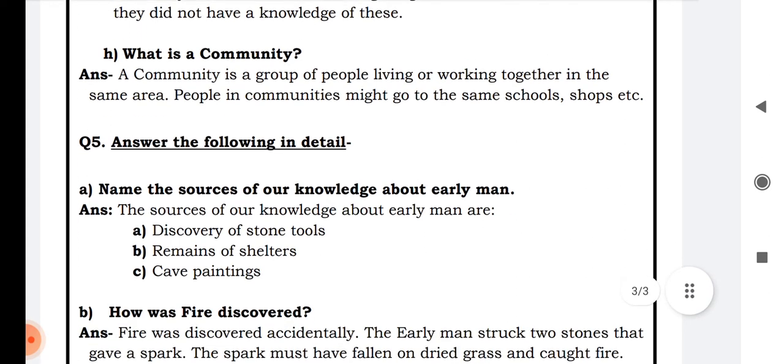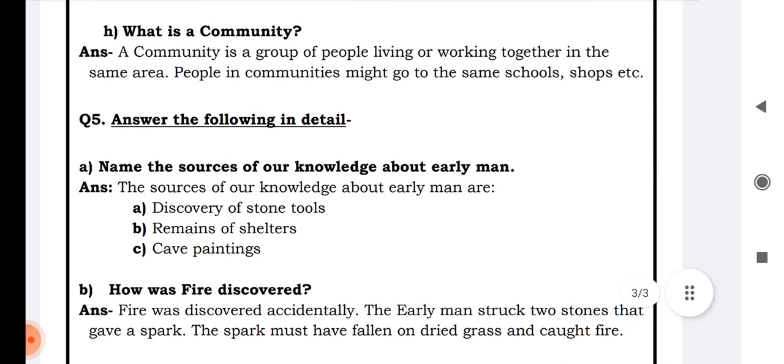They were not aware why the thunder or storm is there, so they thought that this is something scary for them. H. What is a community? Answer. A community is a group of people living or working together in the same area. People in communities might go to the same shops, schools, etc.